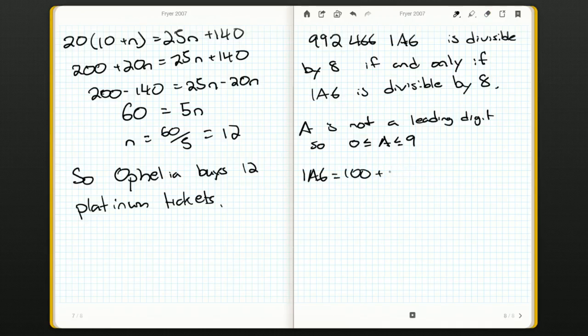So 1 hundred, A tens, plus 6 ones. That's what 1A6 means. That's the way our number system works. Well, I noticed that this is really 106 plus 10A.